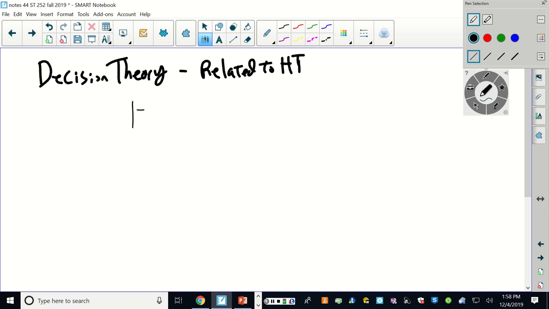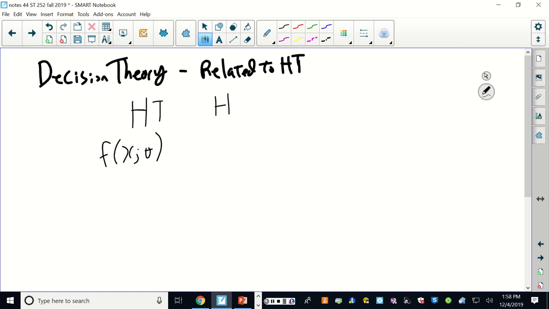In hypothesis testing, we have some probability distribution, f of x, with some parameter. Then we have a null hypothesis that says maybe it's this parameter, or an alternative that it's not that. We gather data, x1, x2, right up to xn, and then we want to make a decision.